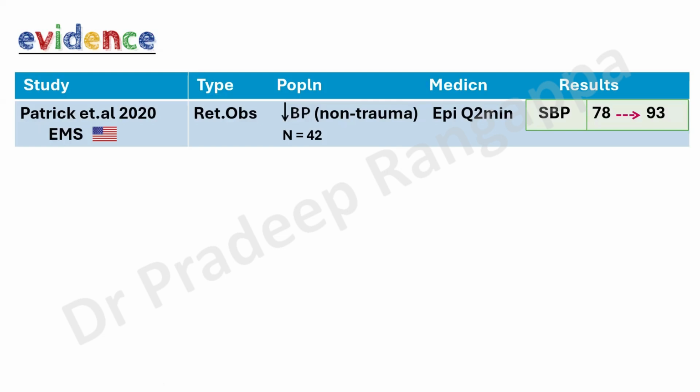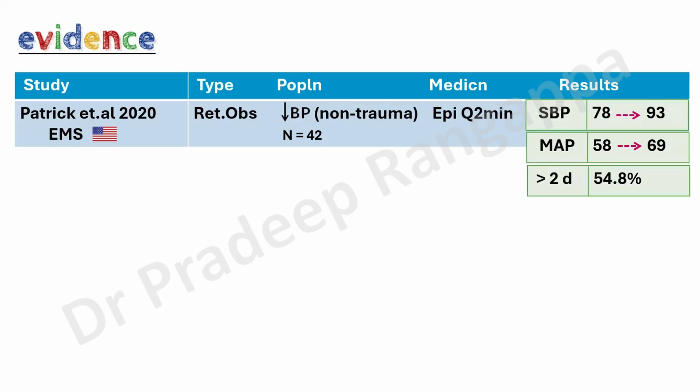There was a good increase in systolic blood pressure from 78 to 93, MAP increased from 58 to 69, and more than half of the patients needed more than 2 doses of push dose or bolus dose vasopressors.